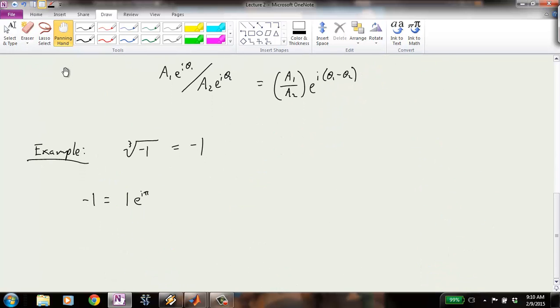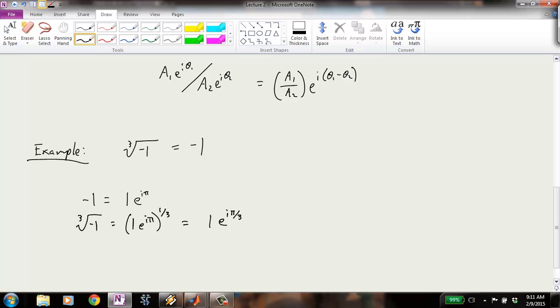And what we can do here is, if we take a cube root, we should take this whole thing, 1 e to the i pi, to the power of 1/3. It's a product, so we can just split that. Of course, 1 to the 1/3 is still 1. But e to the i pi to the 1/3, you bring the 1/3 in, it's pi over 3.